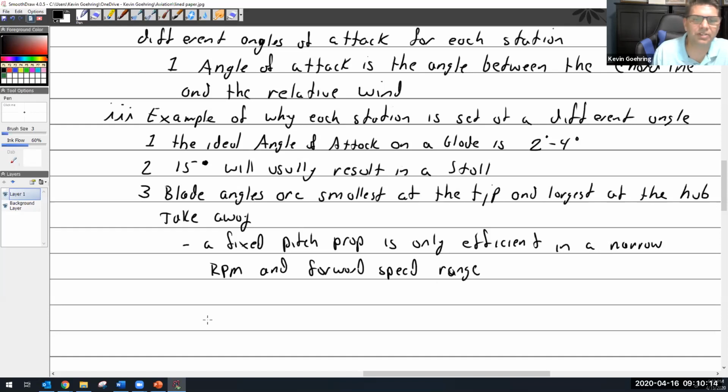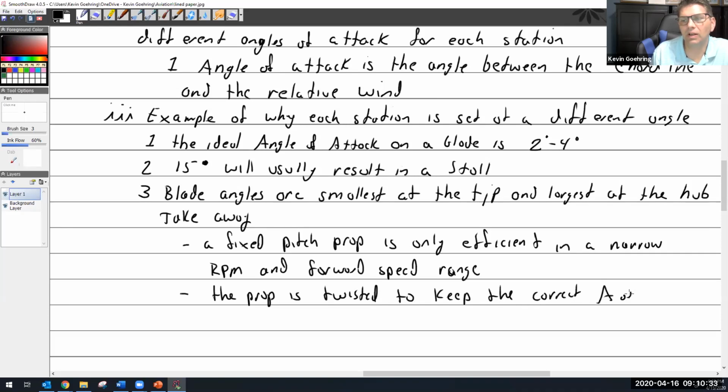Otherwise, it's just really inefficient. What else? The prop is twisted. It's twisted to keep the correct angle of attack on each station.